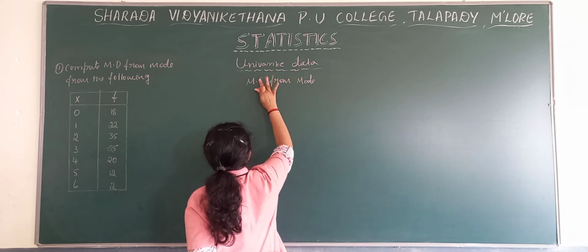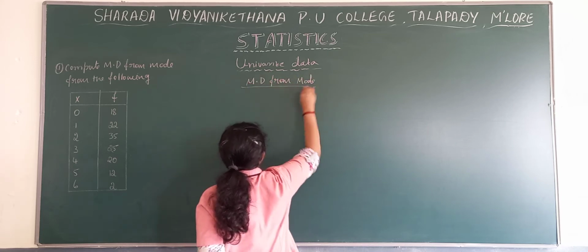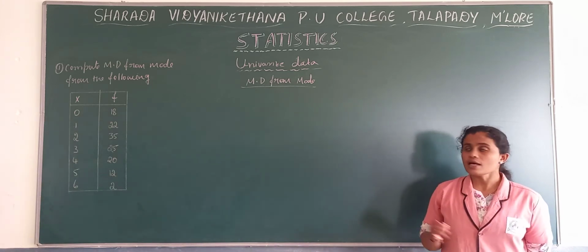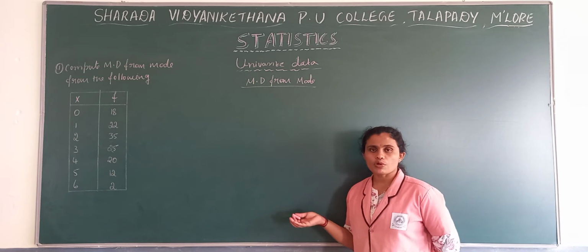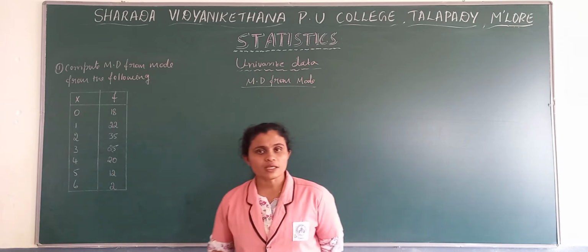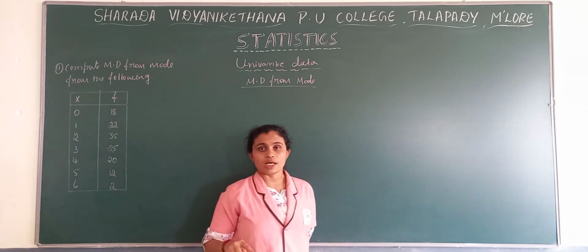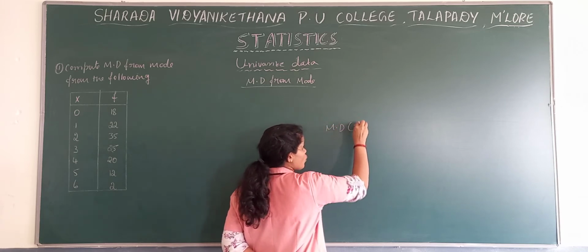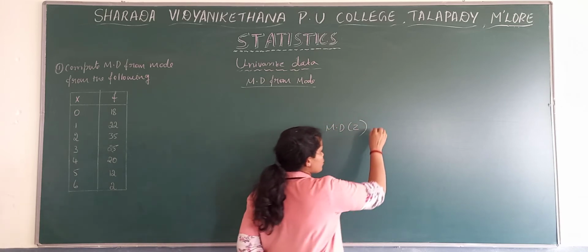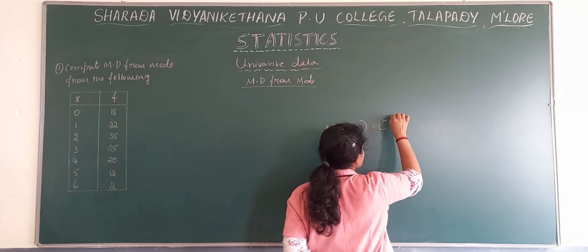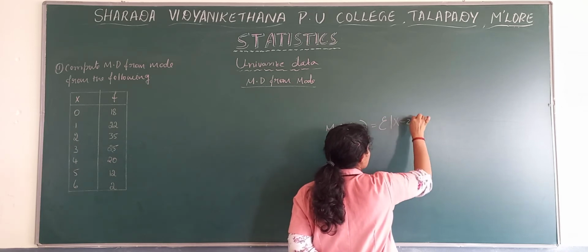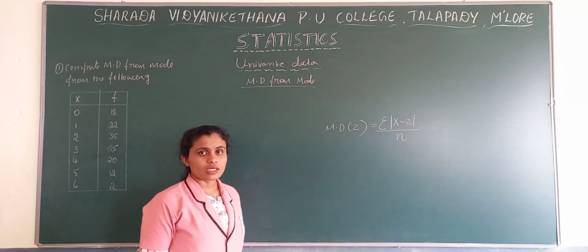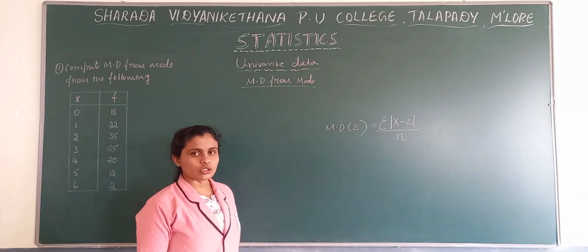In case of mean deviation from mode, there is no difference in the calculation, but here we need to find the mode initially, then apply the mean deviation from mode formula. The formula is: mean deviation from mode equals sigma modulus x minus z divided by n. This is in case of discrete or ungrouped.